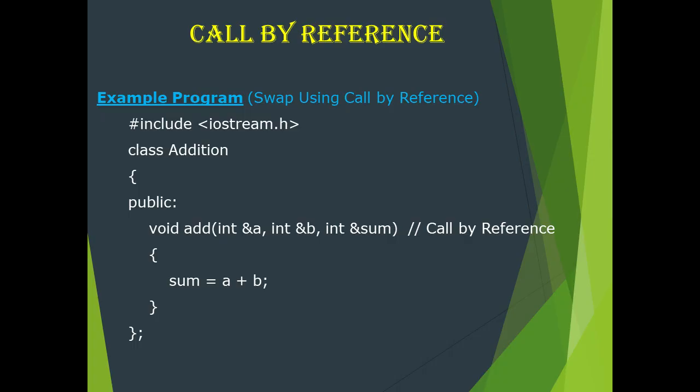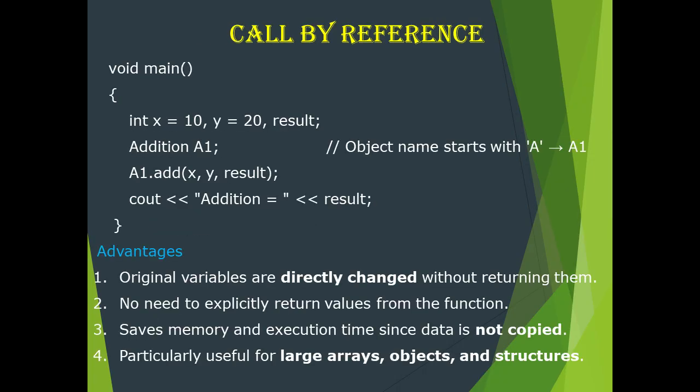The value of x is stored in memory location 1000, which is referred to by the variable a also. Similarly, say y is stored in memory location 2000, so y's value will be referred to by b also.